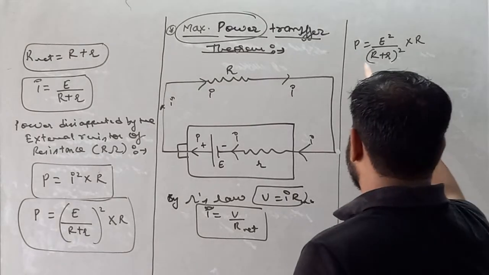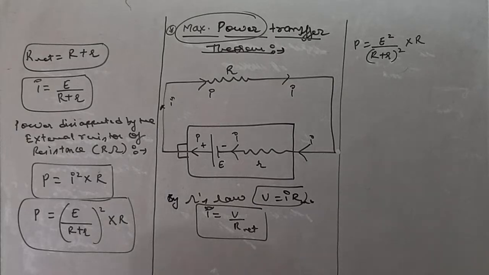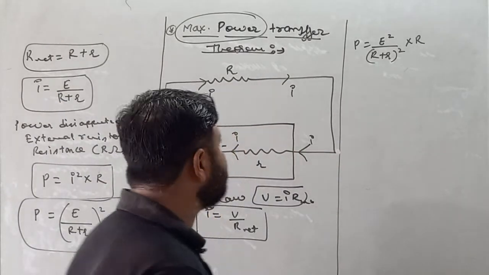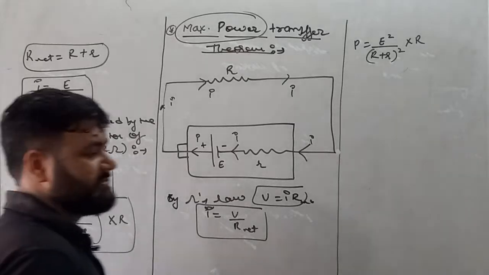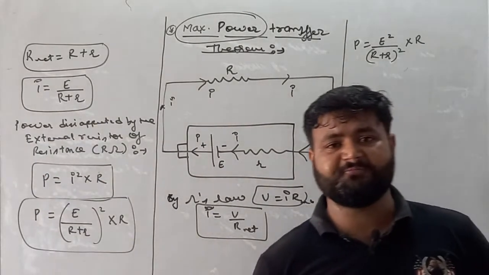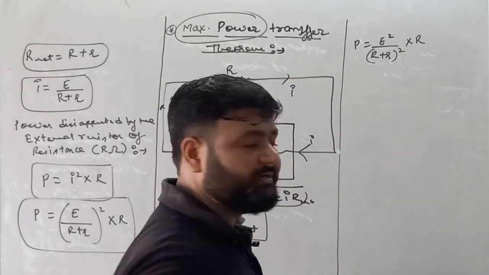Here we have the value of power dissipated by the resistor, E²R/(R+r)², and we want to find the maximum power. So for maximum power, we have to differentiate the equation of power with respect to the change in resistor and put it equal to 0.